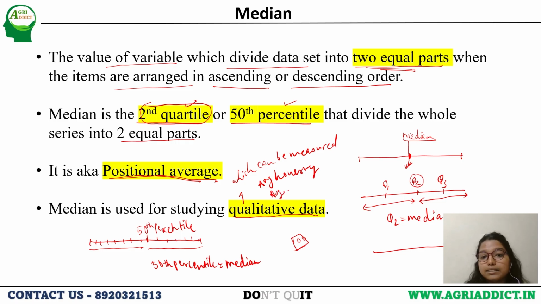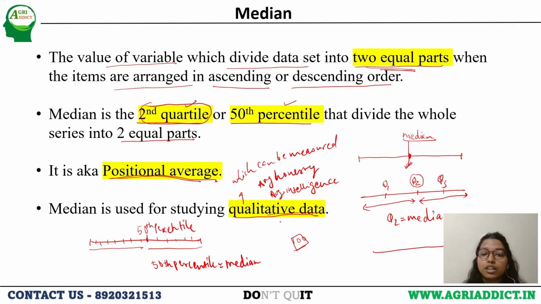The second example is average intelligence. We can say that some person is intelligent or not intelligent, but we cannot say that he or she is 1 kg intelligent or 1 centimeter intelligent. So qualitative data is the data which cannot be measured.